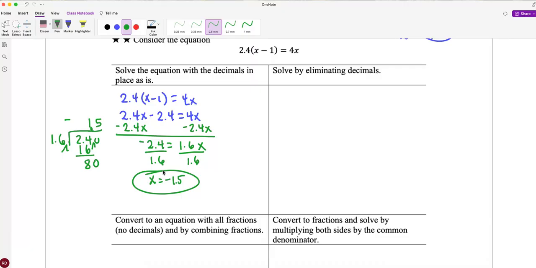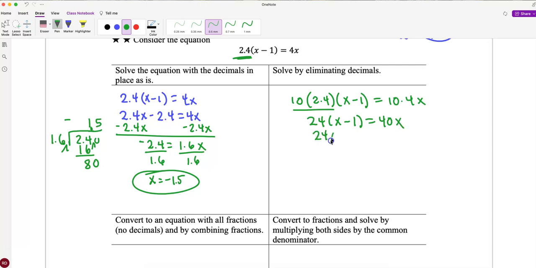Now, to solve by eliminating decimals, I could eliminate the decimal if I multiplied by 10. So 10 times 2.4 times x minus 1 equals 10 times 4x. So 10 times 2.4, this is 24. x minus 1 equals 40x.